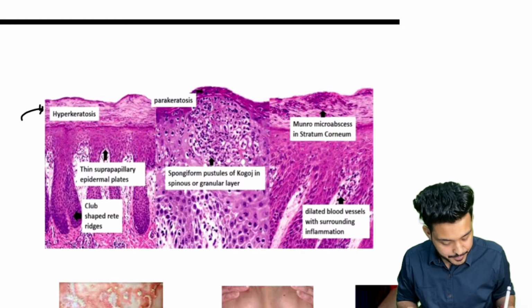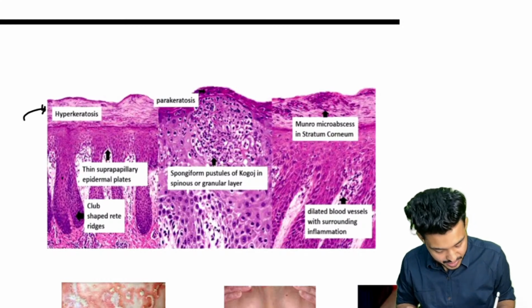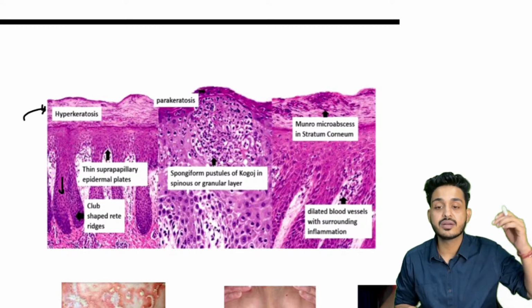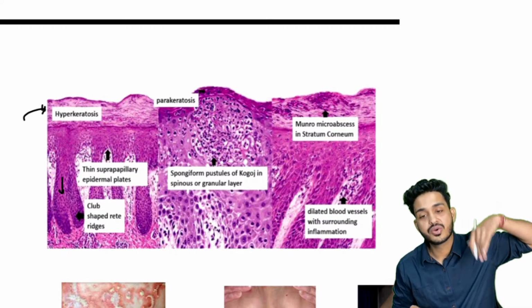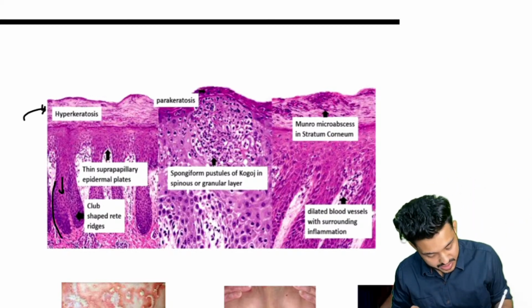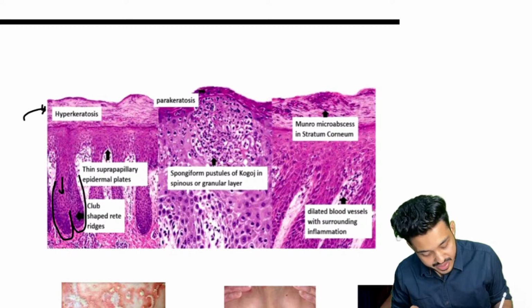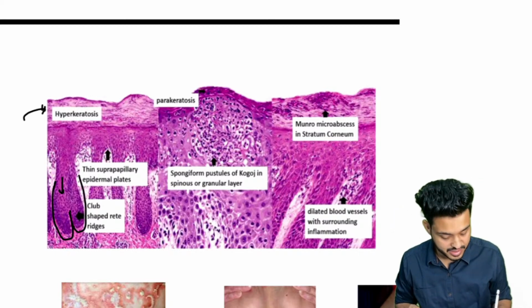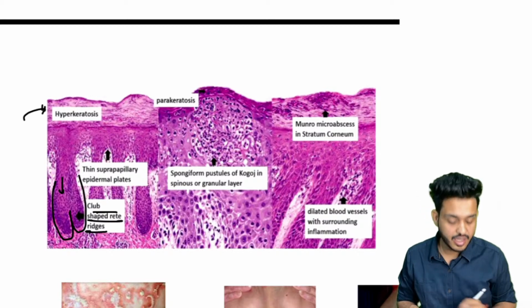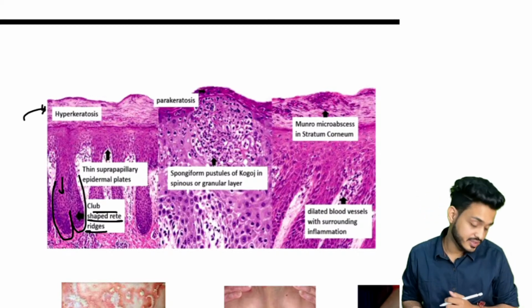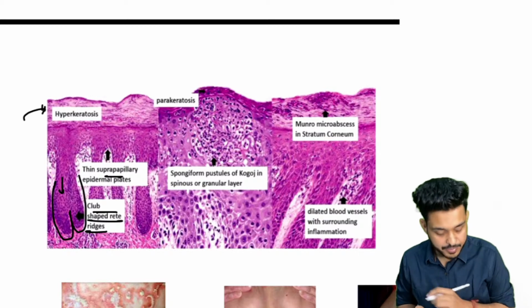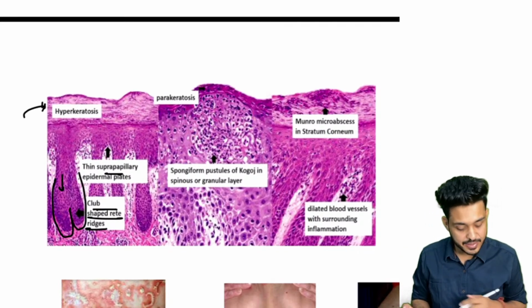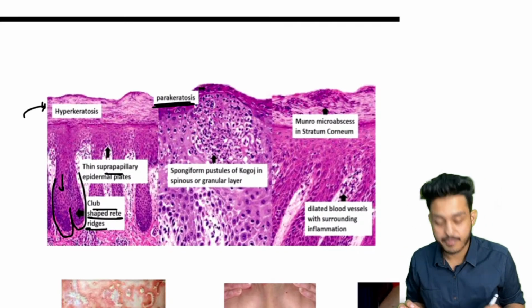Okay, second thing, these are rete ridges. Rete ridges मतलब the part of epidermis which is going into the dermis. So here, look here, these are elongated, बड़ी बड़ी rete ridges हैं, club shaped rete ridges. Okay, कौन से rete ridges मिलेंगी? Club shaped rete ridges, right? Next thing, thin suprapapillary epidermal plates will be there, and very important, parakeratosis.